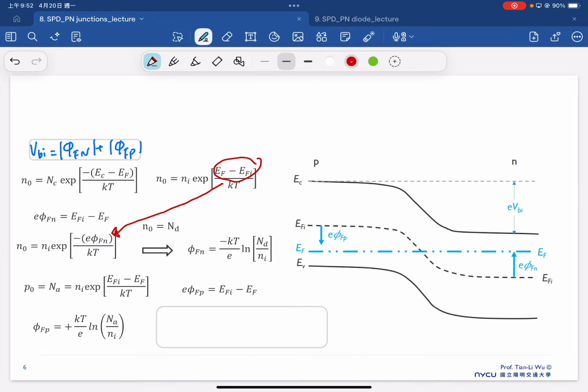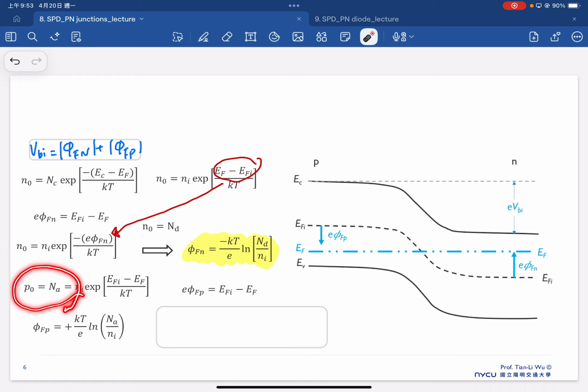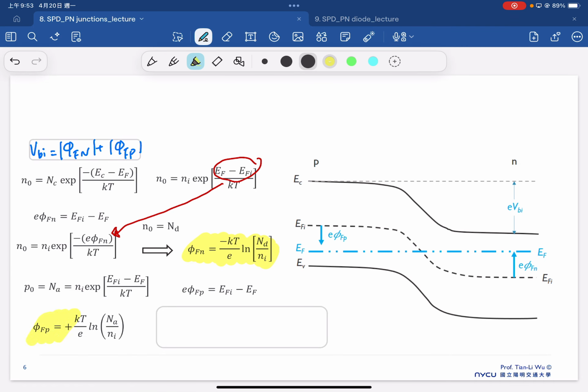So therefore, we can first have this equation. And similarly, we do the same thing for the hole concentration, and therefore we can have this phi Fp here. So now the goal is to find a way to estimate phi Fn and phi Fp.